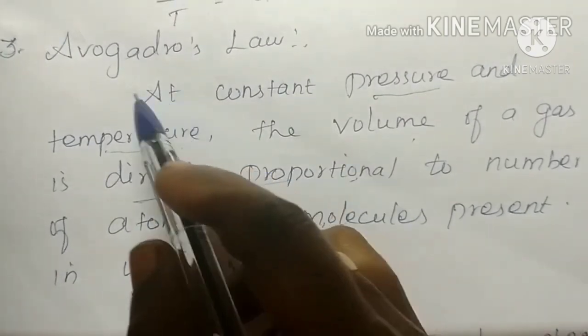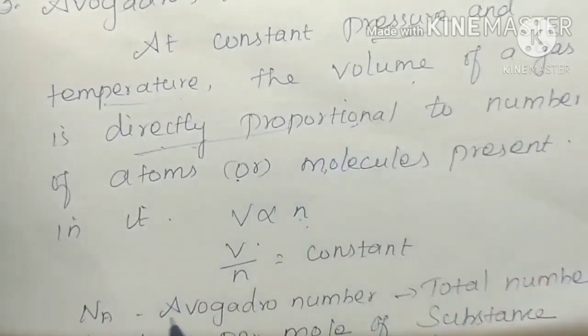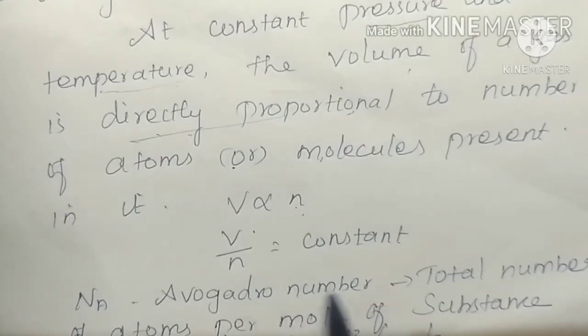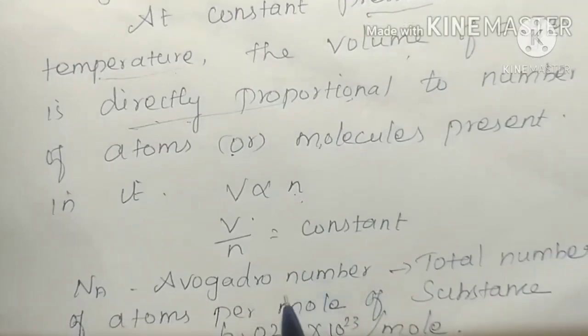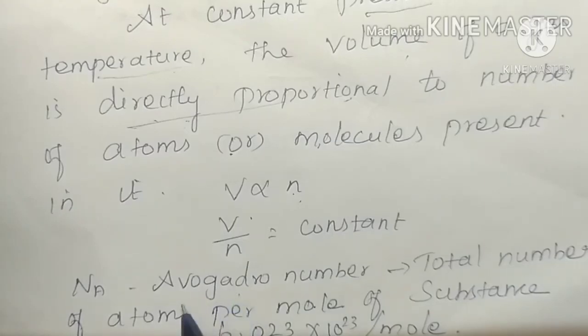You all know the Avogadro number, capital N A. What do you mean by this Avogadro number? The total number of atoms per mole of a substance.